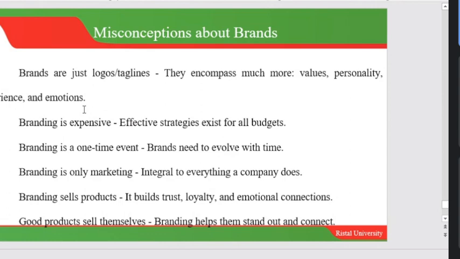Then branding is a one-time event, which is not true, because with branding you need to evolve all the time. And I will continue to refer to huge organizations such as Coca-Cola, where you see them changing their branding all the time. Before, sodas used to be packaged in glass bottles. However, you've seen how the branding has shifted drastically to plastic bottles.